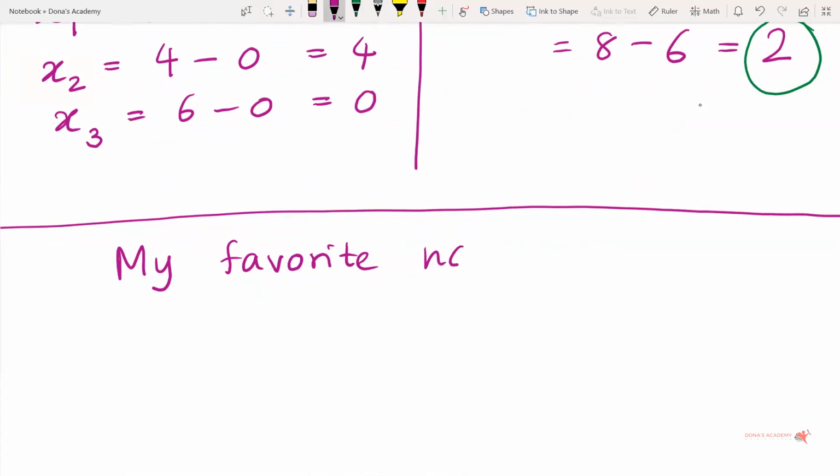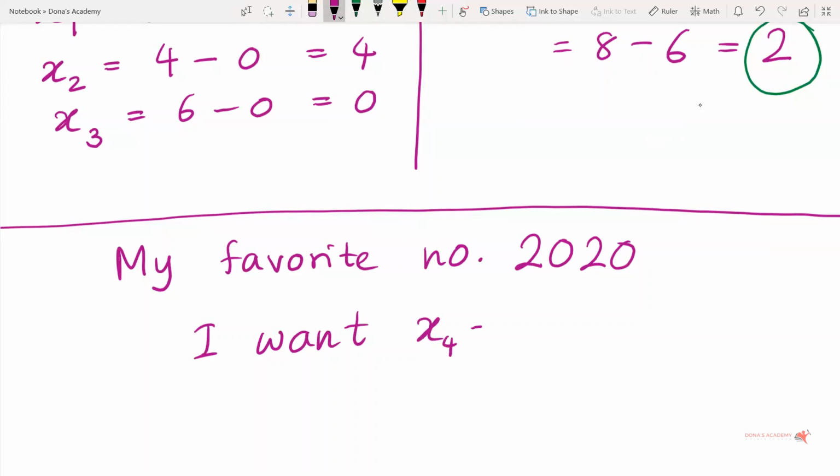Favorite number: 2020. So I want x4 to be 2020. So let's see if I can come up with a formula or general term so that x1, x2, x3 are 2, 4, 6, but x4 is 2020.